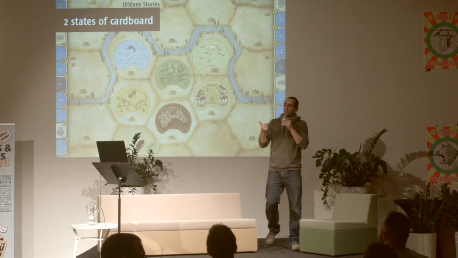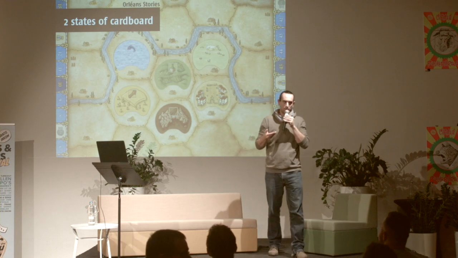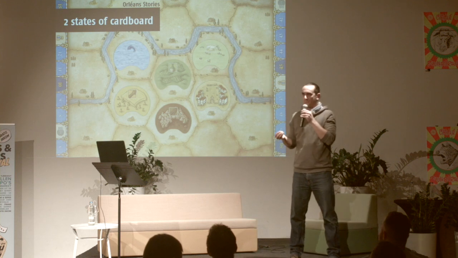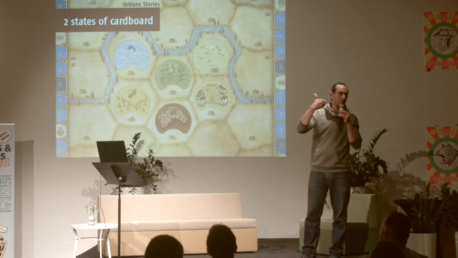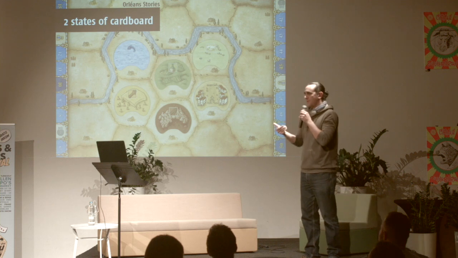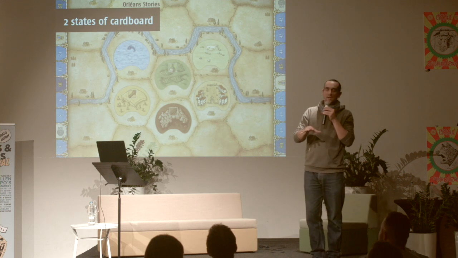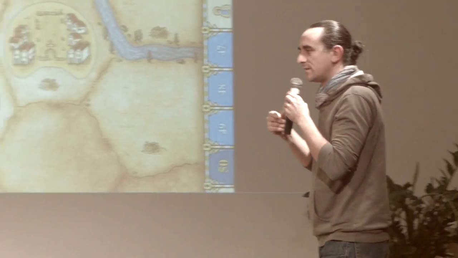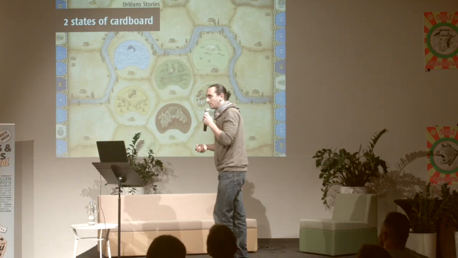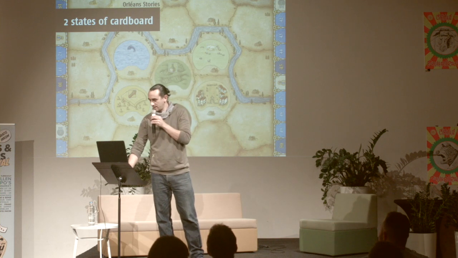It's a good example for the power of cardboard. Even though cardboard does not respond, even though cardboard is static, we can work with the form, with the two sides, with the two states that we have. We could work with the rotation of cardboard tiles. So even though it's a static and old material, we can do a lot of things.